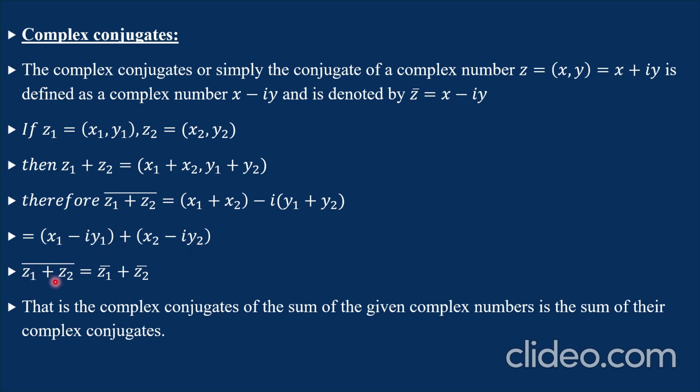So the bar of (z1 plus z2) is equal to z1 bar plus z2 bar. That is, the complex conjugate of the sum of the given complex numbers is the sum of their complex conjugates.